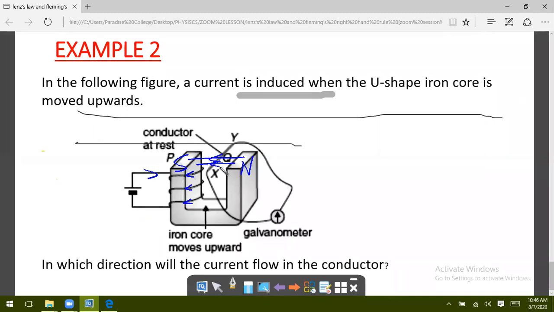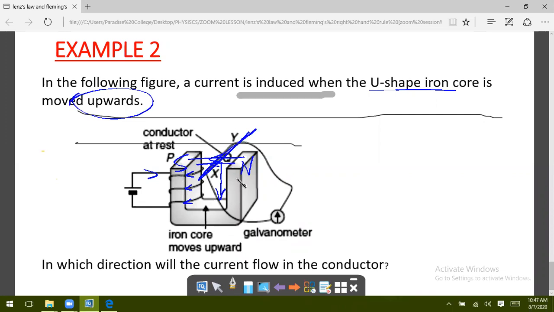What does that mean? When this U-shaped iron core is moved upward, it means that the current carrying conductor is moved downward. Is that clear?